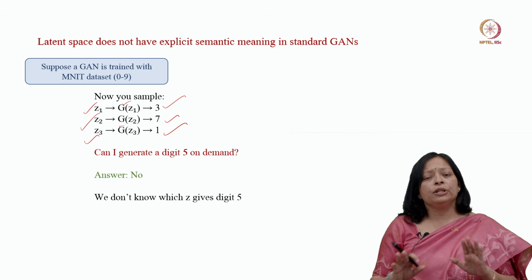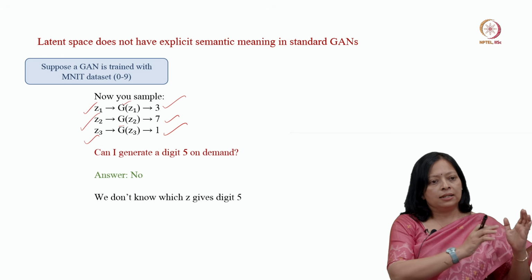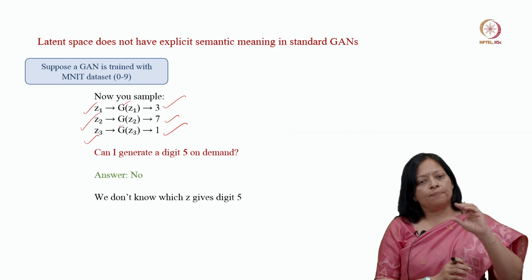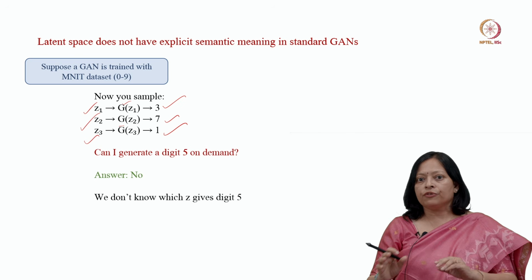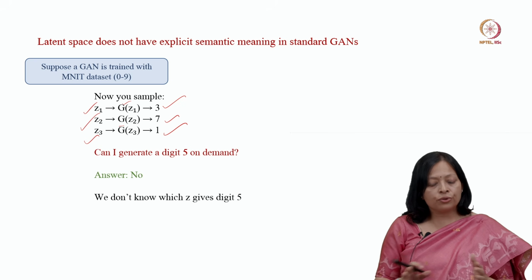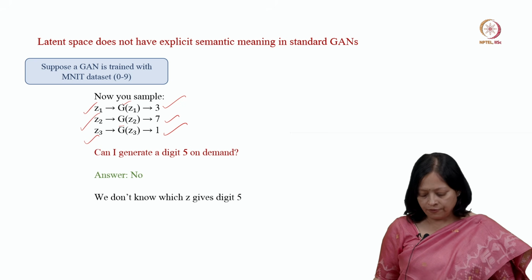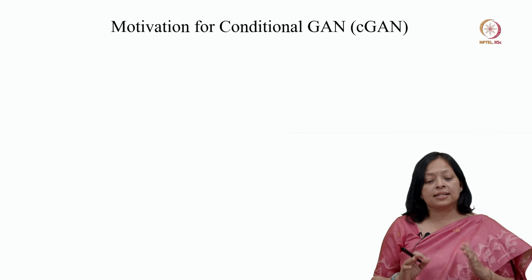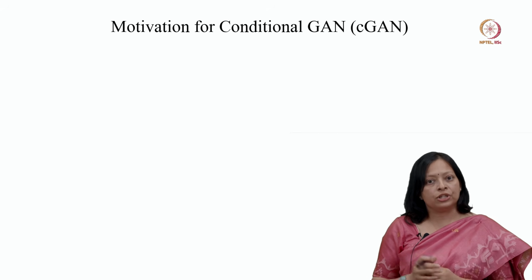There is absolutely no way to take a specific random noise and pass it through the generator to give me an output of my choice. We do not know which Z will give me 5. And that comes as the main motivation for conditional GANs.